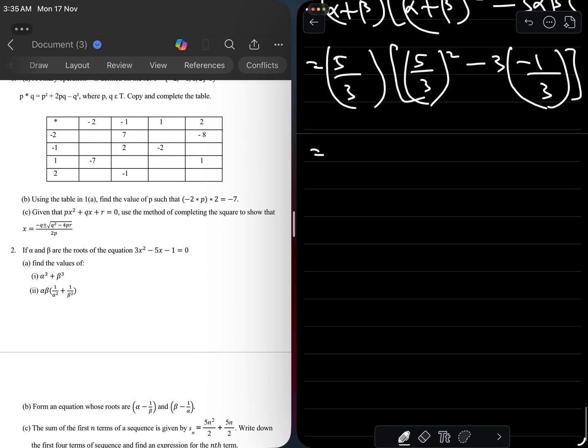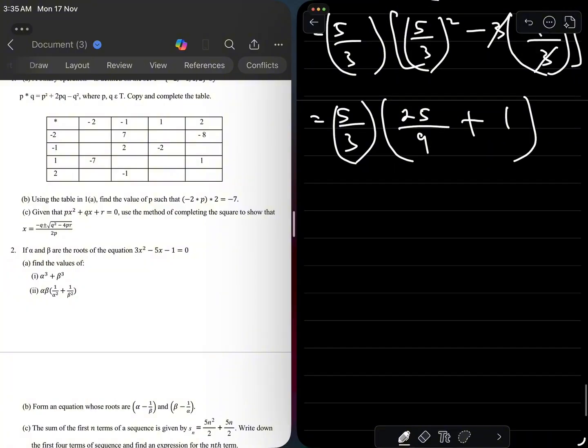And that's equal to 5 over 3 into bracket. The square of 5 over 3 is 25 over 9. 3 here, 1, 3 here, 1. Minus 3 times minus 1 over 3: minus 1 times minus 1 is plus 1. So that's 25 over 9 plus 1.